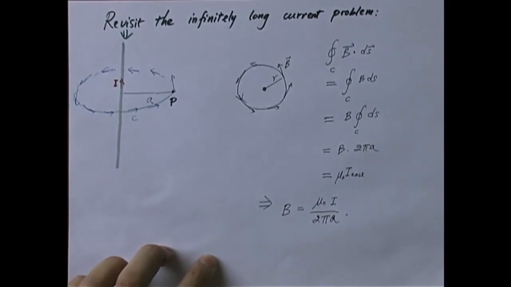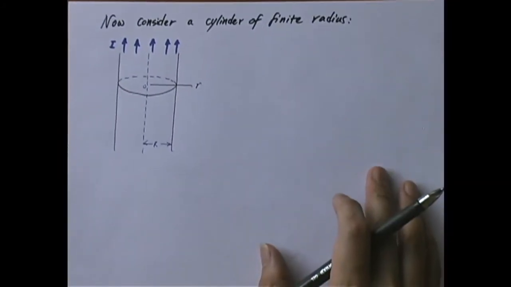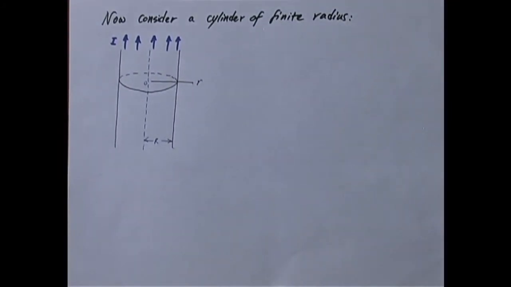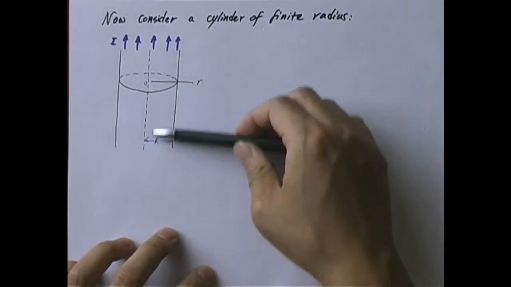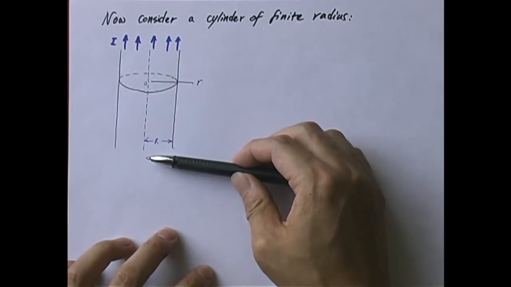Now, if we continue to observe more examples of cylindrical symmetry, which is a very common symmetry when it comes to current distribution, let's look at our next example. It's just slightly more involved than the previous one. We do not have an infinitely thin wire carrying the current.